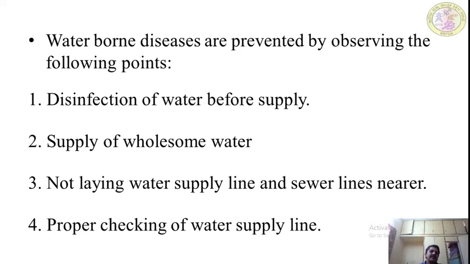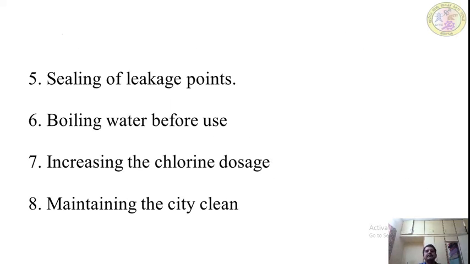Sewer lines and water supply lines should not be laid near each other, otherwise mixing or contamination takes place. Proper checking of the water supply lines has to be done for any leakages or contaminations. We have to observe periodically. Sealing of the leakage points: if there are any leaking points, we have to seal them properly. We have to drink boiled water.